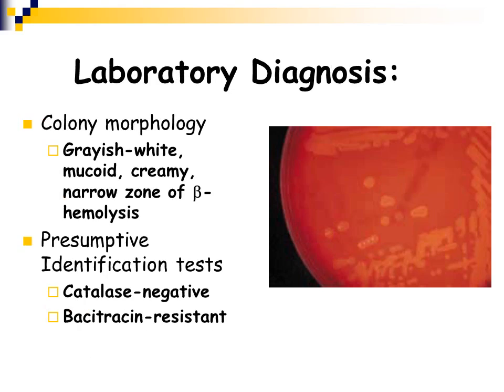In the laboratory, group B strep or Streptococcus agalactiae is a grayish white, somewhat mucoid, creamy organism with a very narrow zone of beta hemolysis. So if you had Streptococcus pyogenes or group A strep on a blood agar plate next to Streptococcus agalactiae or group B strep, the strep pyogenes would look much more beta hemolytic.